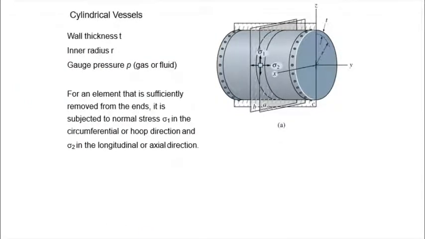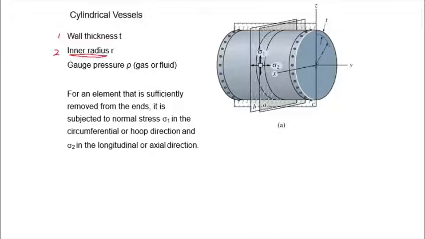Now let's take a look at the first type of pressure vessel, which is more commonly found, the cylindrical vessel. For this cylindrical vessel, or even for the spherical vessel, we have three parameters that we will use in our analysis. Only three. Number one is the wall thickness, T. Number two is the inner radius. So R is the inner radius.